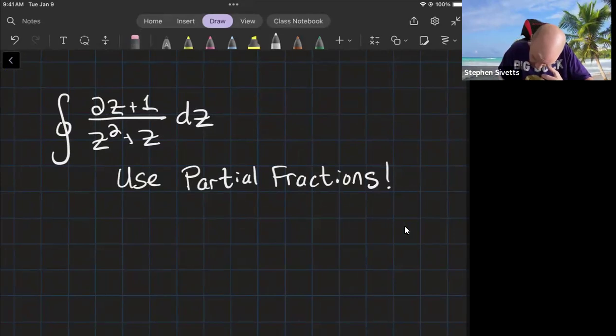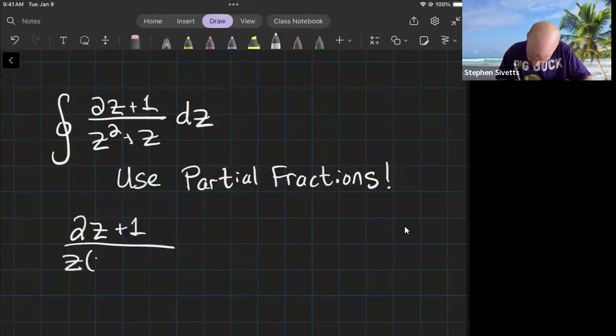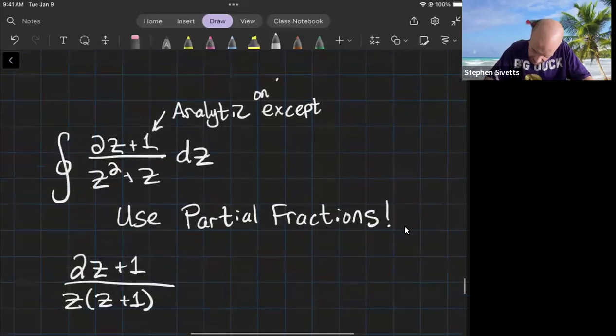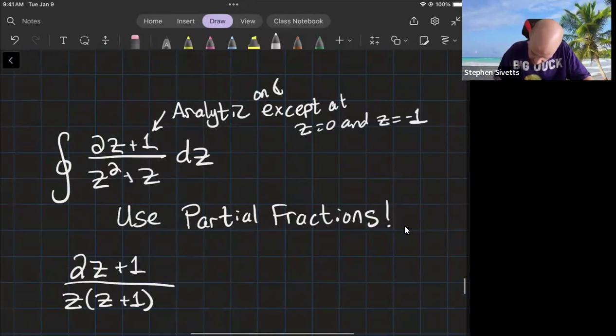So 2z plus 1 divided by z times z plus 1. Right away, we can say that this function is analytic on the complex plane, except at z equals 0 and z equals -1.